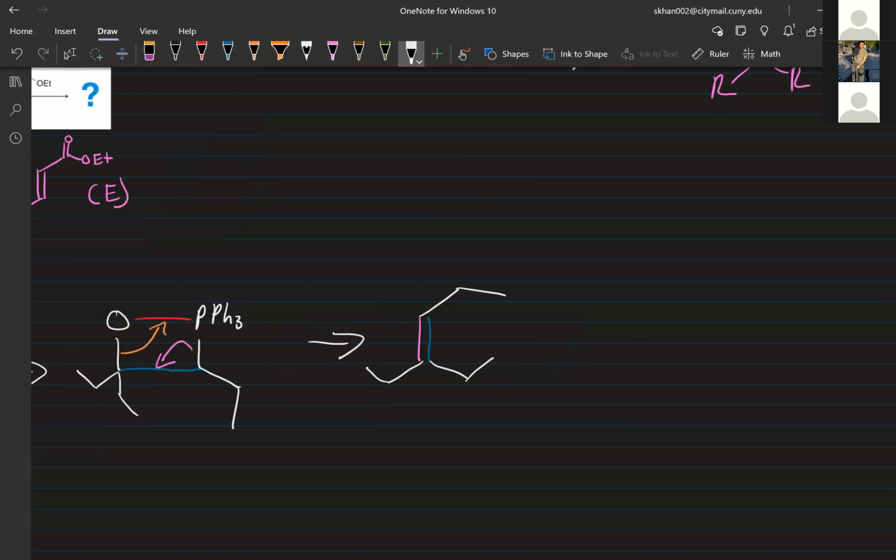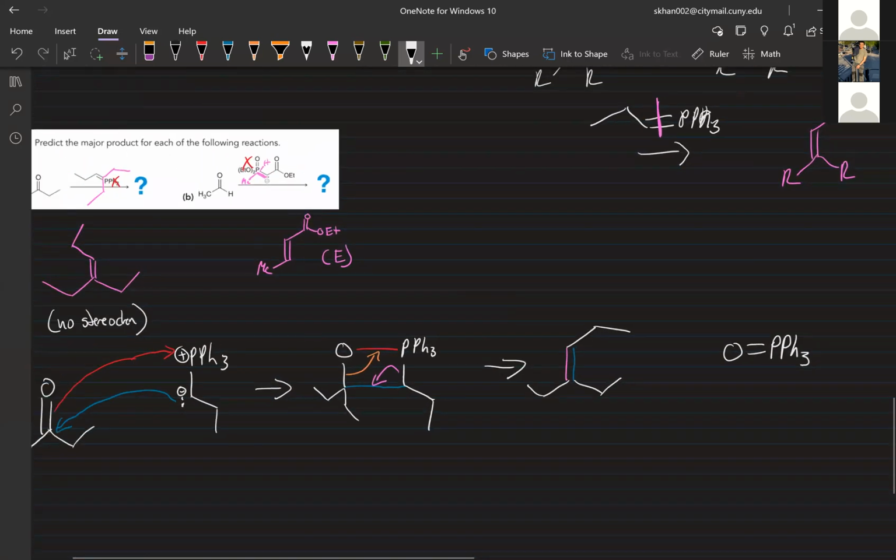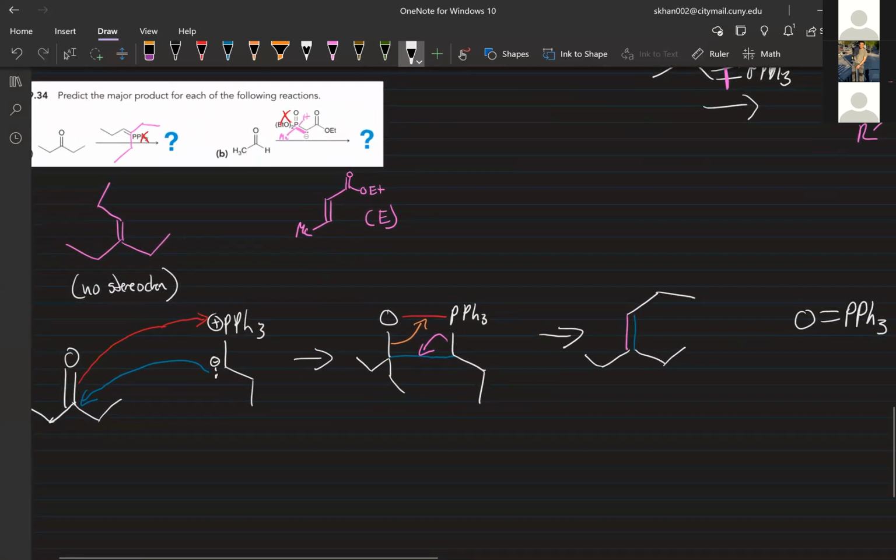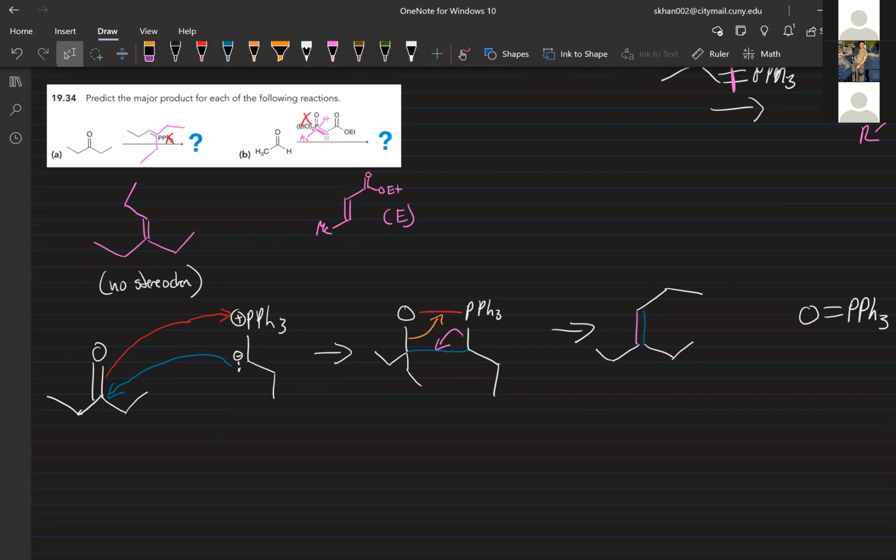And the other thing we formed here was PH3, phosphorus oxide, and that's how you get your final product. Hopefully the colors make this a little simpler to understand.